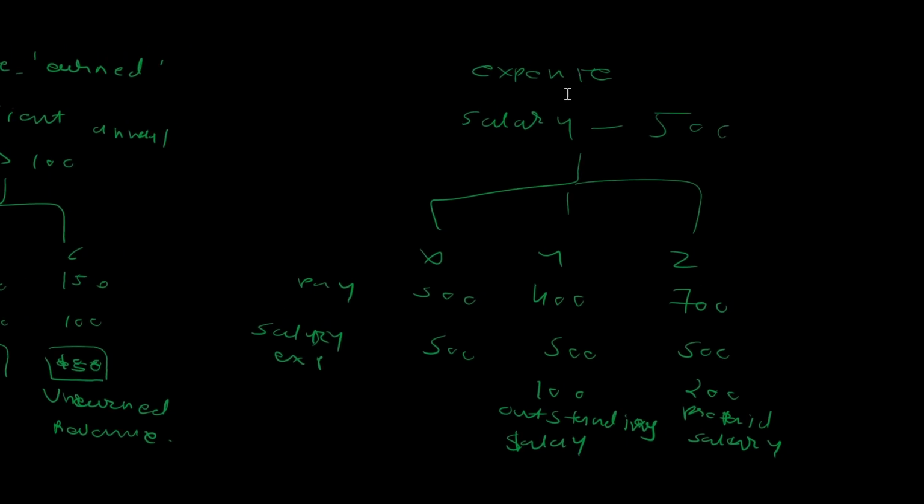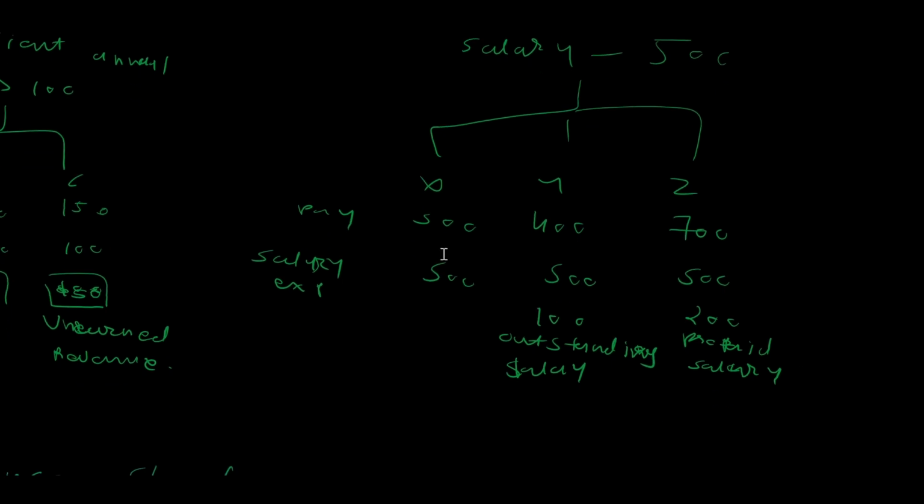Then there is an expense. Suppose you pay a 500 salary to XYZ. Your salary expense is 500, but you pay Mr. X 500, Mr. Y 400, and Mr. Z 700. So you will show the salary expense of 500 only.